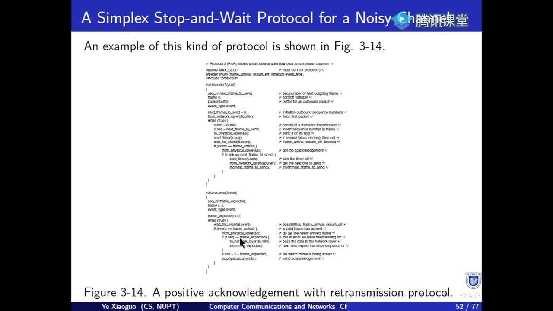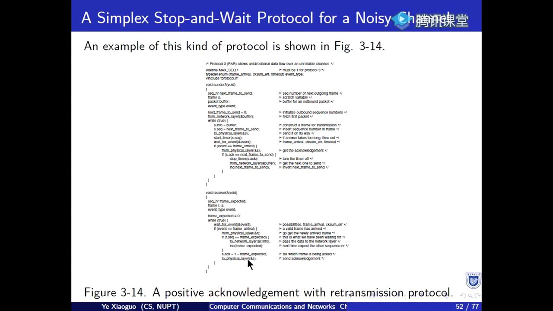If the sequence number is not the frame expected, then set the ACK number as 1 minus frame expected. That means if the frame expected is 0, then ACK is 1.